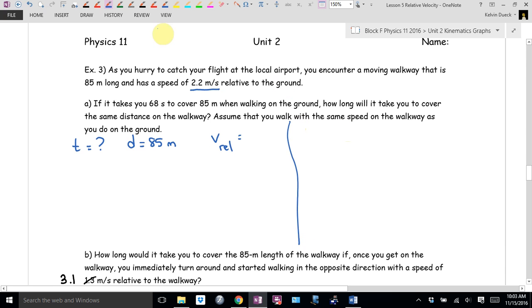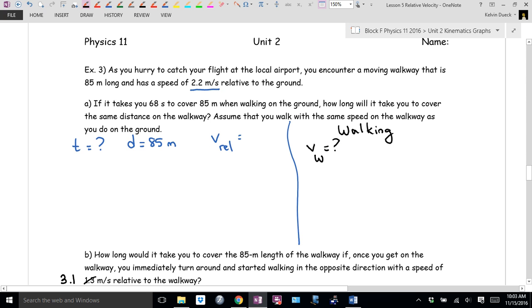And let's label this over here walking. Maybe they gave us enough information that we can calculate our walking speed. So I'm going to call our speed v for speed. V vector is velocity, v no vector is speed. And how about v walking is, I don't know.